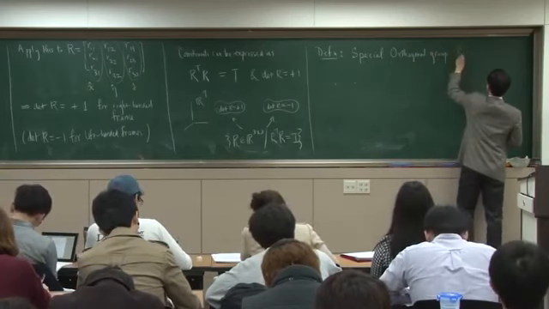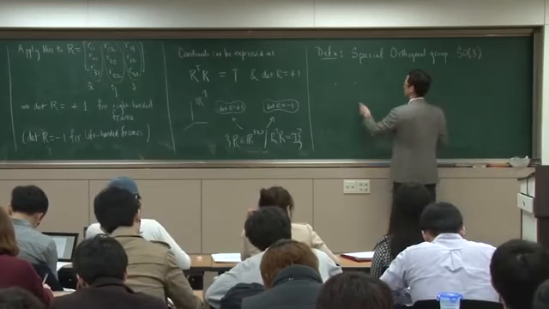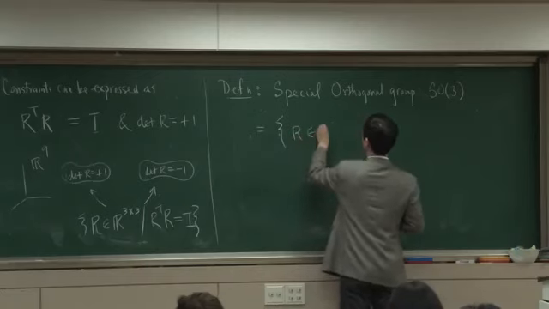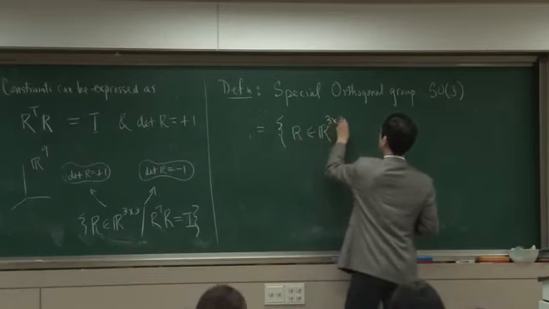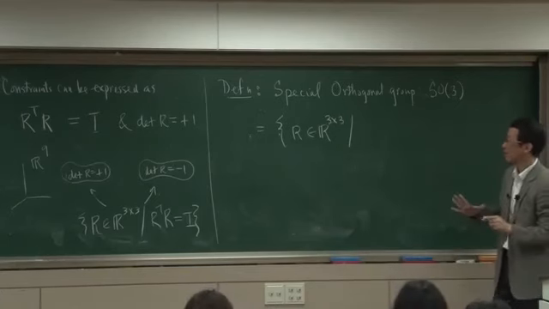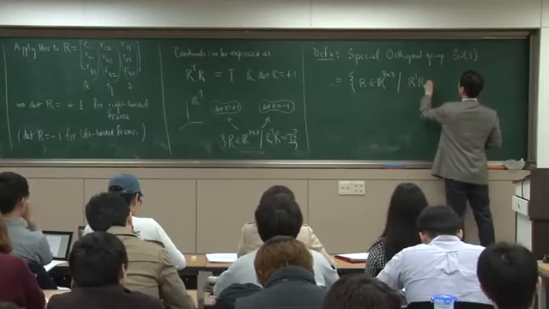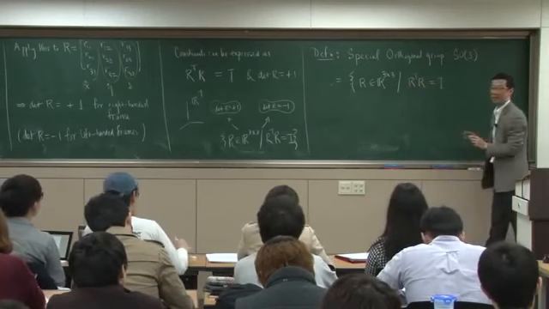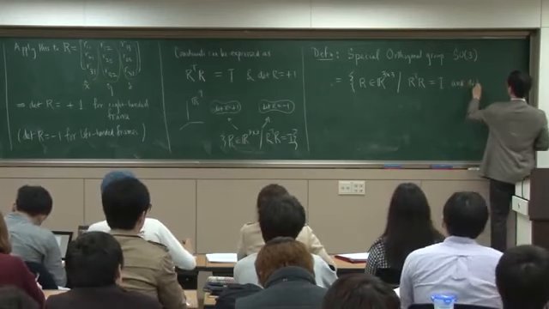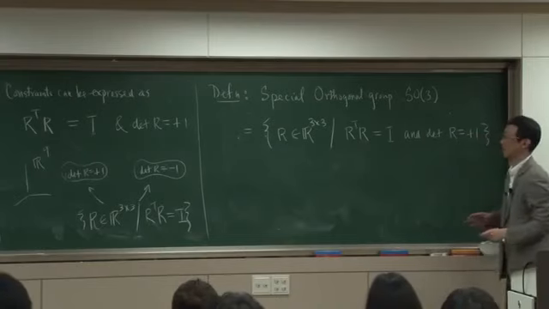SO3 is defined to be the set of 3 by 3 real matrices that satisfy the condition R transpose R is the identity, and the determinant of R is plus 1.